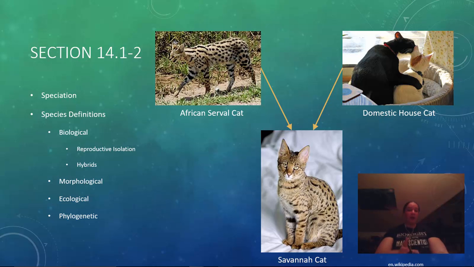For instance, we might look at the African serval and the savanna cat, but also group into it other similar felines until we could figure out that, if you go back far enough, this group all descends from one species. That's one branch of the evolutionary family tree.